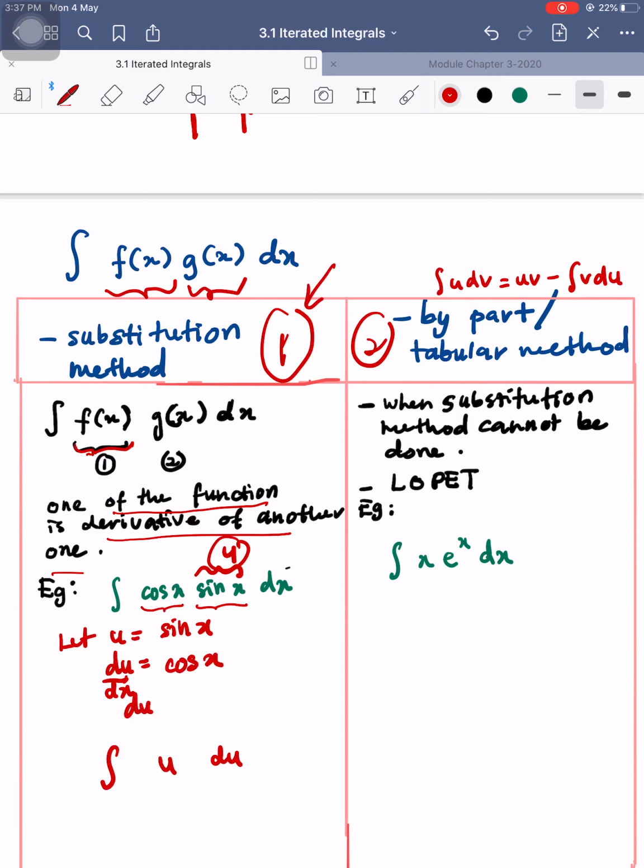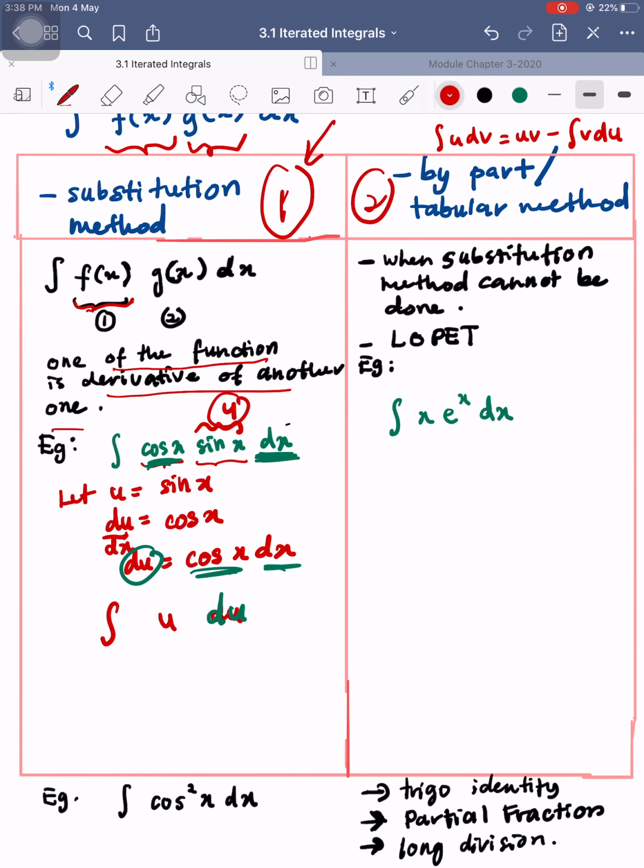I want du only, so du is cos x dx. So cos x dx is actually du. Okay, cos x dx is du, and this one is u. So you can integrate.